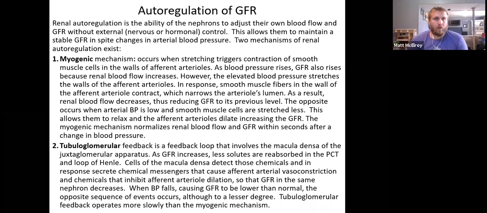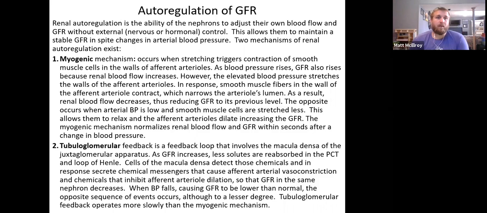Renal autoregulation is the ability of our nephrons to adjust their own blood flow and GFR without external, in other words nervous or hormonal, control. So it essentially allows the nephrons within our kidneys to control their own GFR without outside influence.